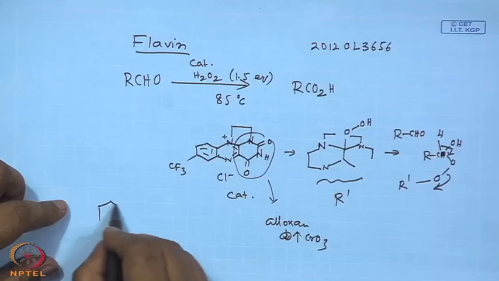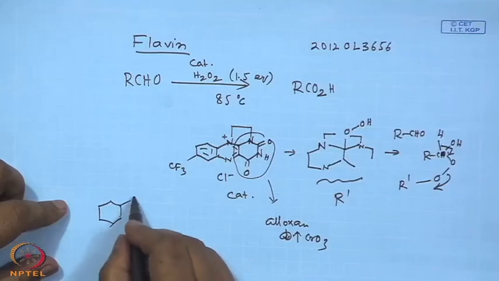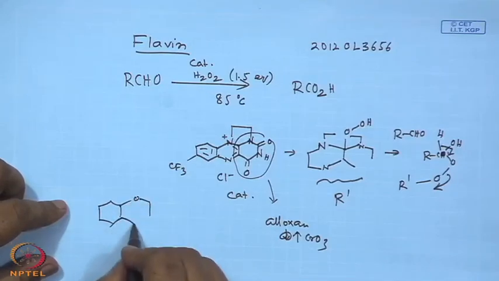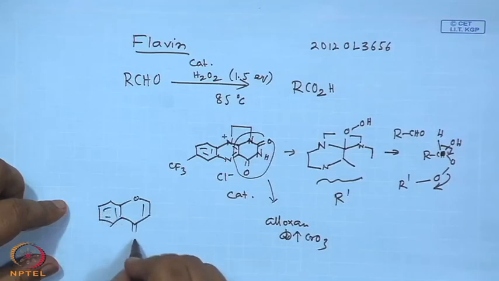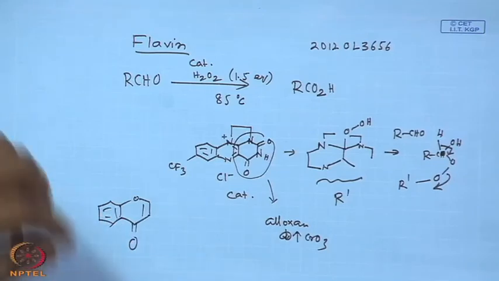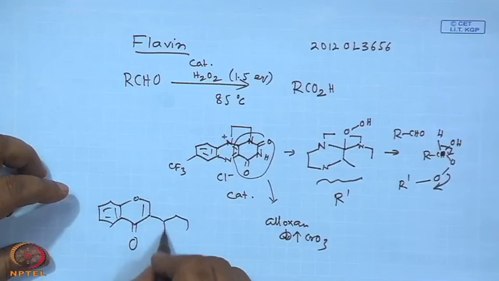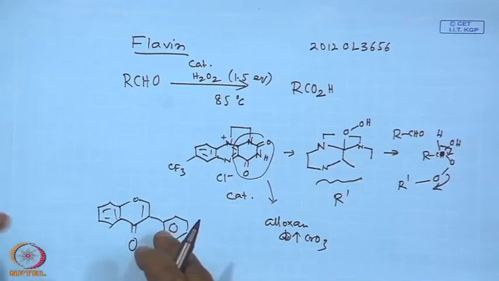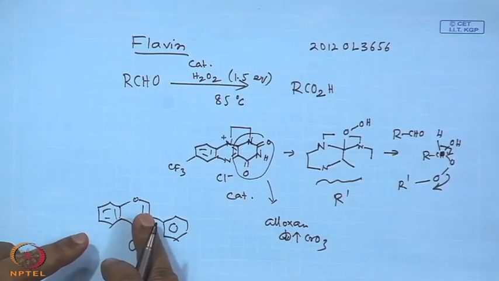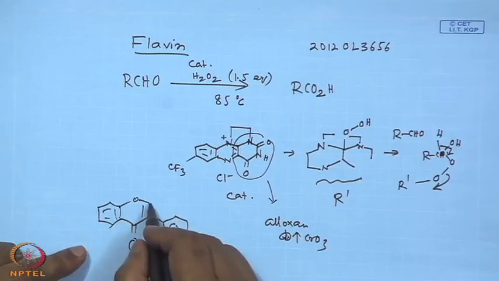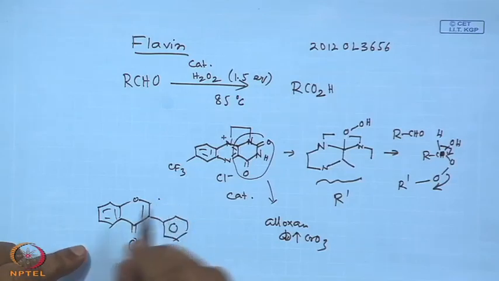Chromone is something like this, and it can be of many kinds, right. Flavone is nothing but, if I have not forgotten, the phenyl group in the 2 position or 3, it may be on this side also, sorry. It is a phenyl chromone, that is flavone, okay.